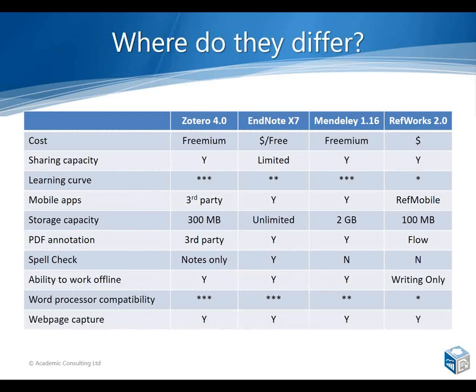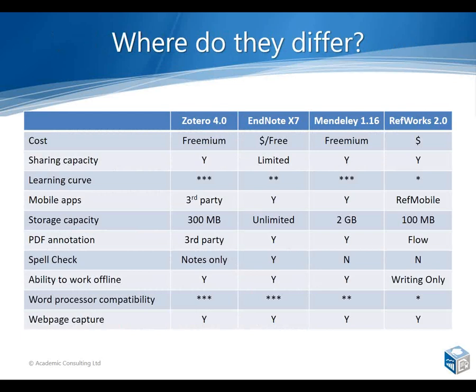There is various options for sharing your libraries. I've given each of them ratings on the learning curve required, and would definitely rate Zotero and Mendeley as the easiest to learn. If you like mobile apps, there's some information there around that.